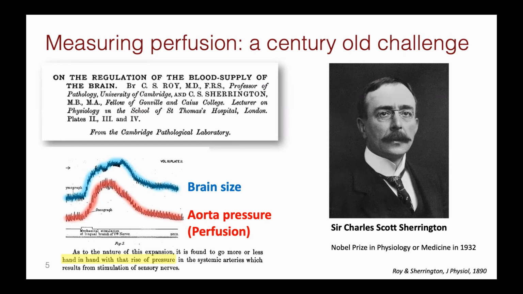So they took the measurements or the pressure of the aorta as an indication of blood perfusion and the size of the brain to illustrate functional activities. And they observed this nearly simultaneous response from the aorta and the brain to external stimulations, which implied that blood perfusion moved in a synchronized fashion with functional activities.